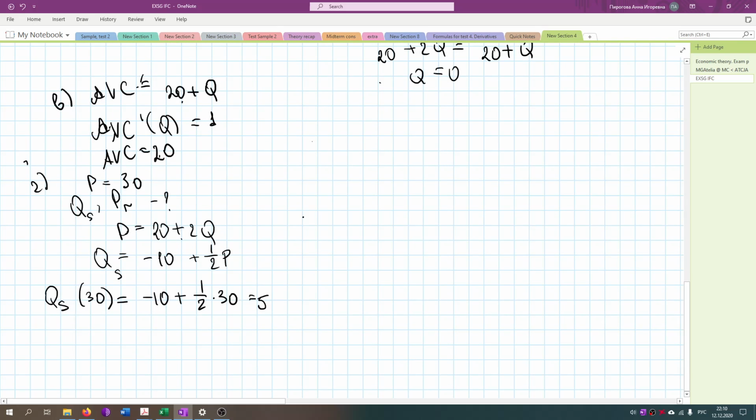And speaking about profit, we can find it using two formulas. The first formula is total revenue minus total cost. So total revenue is equal to price multiplied by quantity. In our case, our price is equal to 30 and quantity is equal to 5.